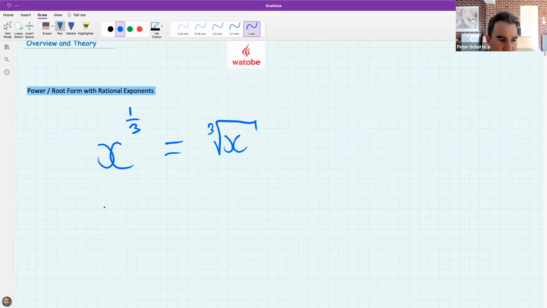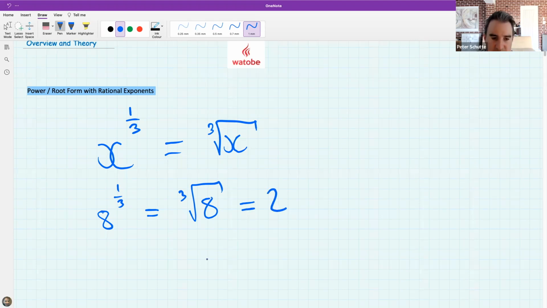If I use numbers, I could say 8 to the power of a third is the same as the cube root of 8, and the cube root of 8 would be 2. We discussed this in previous lessons, where we said that this statement is true. So I just want to check that you know how to translate that.